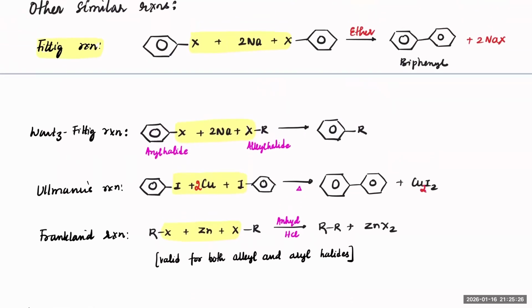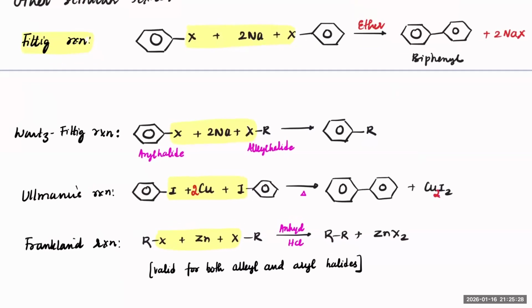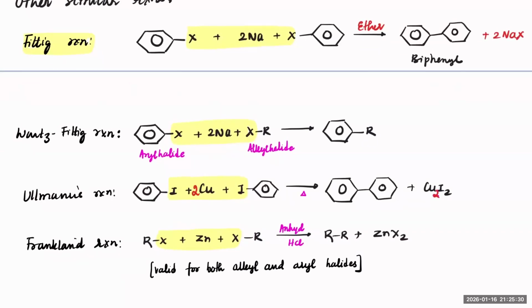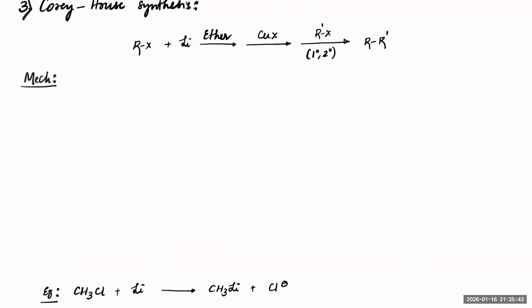So it's pretty clear that Wurtz's reaction has a similarity with the other types, which are Wurtz-Fittig, Ullmann's, and Frankland. Here, everybody, the reaction set is the same, but just the names are different. Okay.